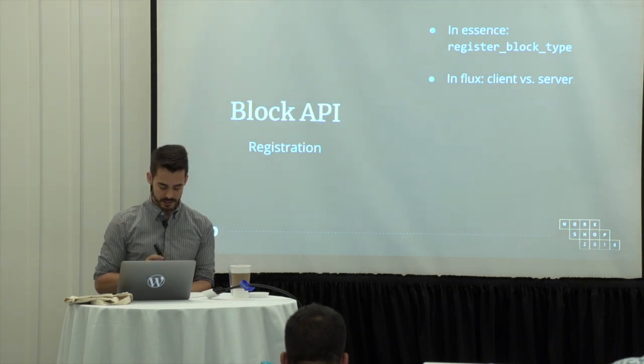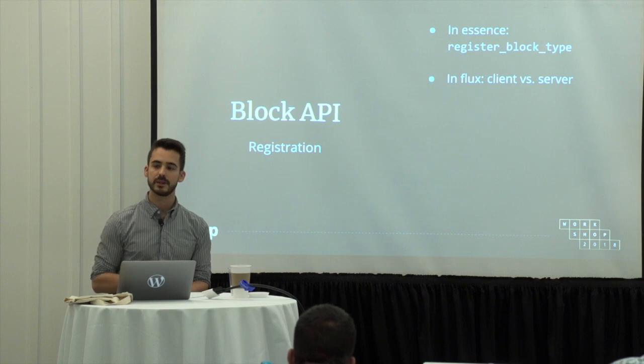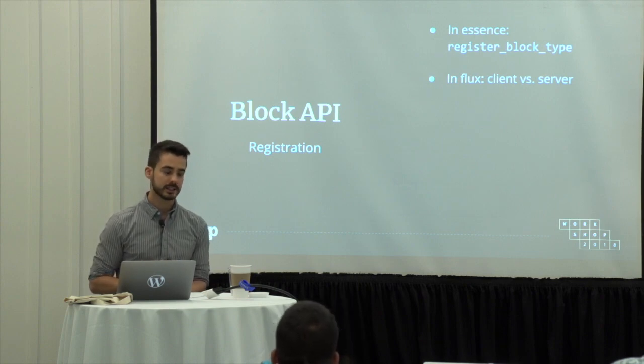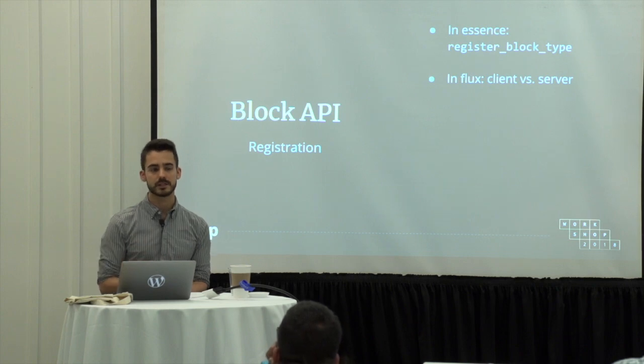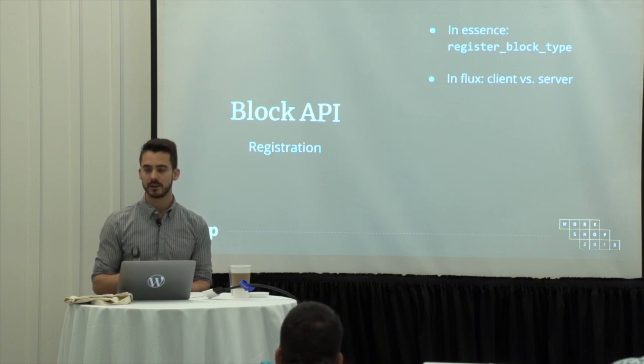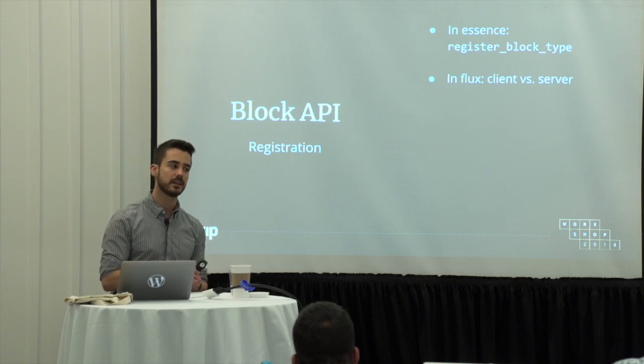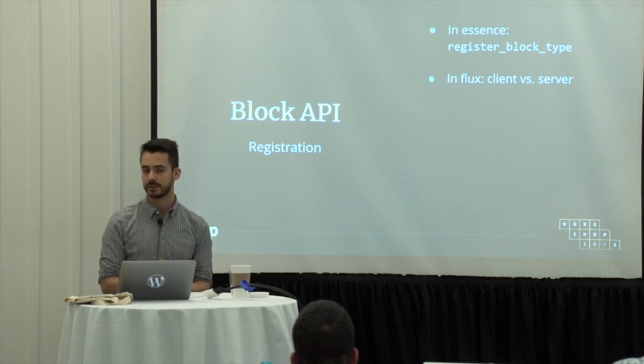The way this happens is that the block is registered on the server, and it's got a specific method provided called render callback. And essentially, when the rendering system of WordPress picks up a block that does have a render callback, it's going to run that. And all of the output of the function is going to be used instead of the static version of the block.